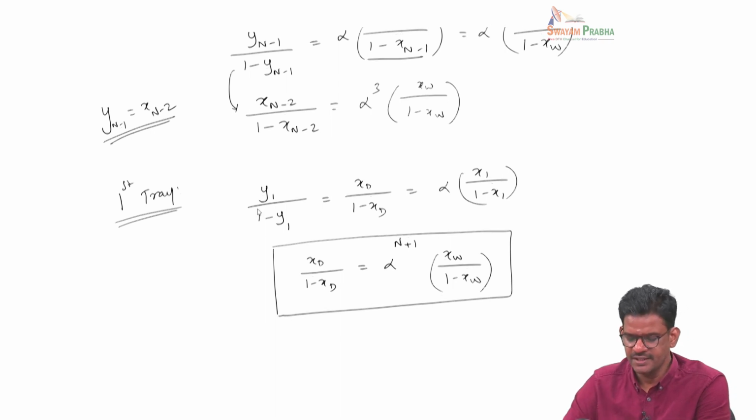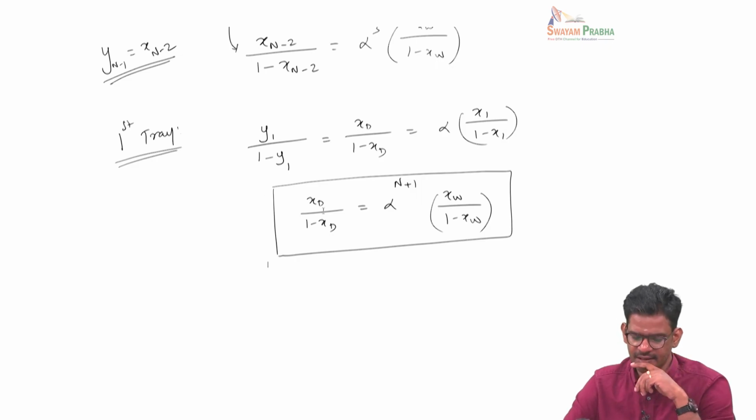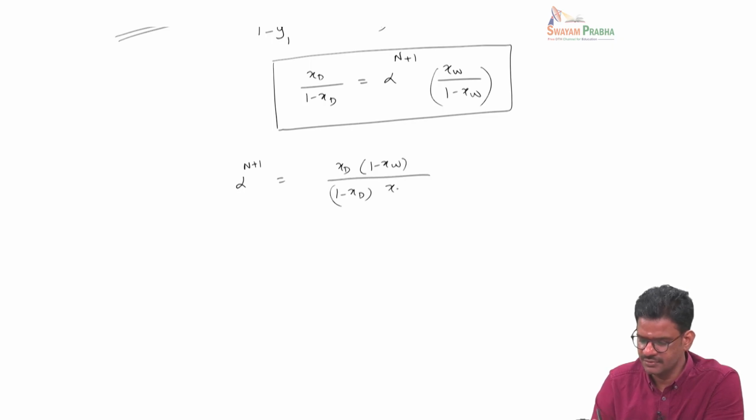So what we have done is, through this recursive relation and applying the equilibrium condition as well as the 45-degree operating line, we are able to relate the distillate composition x_d to the residue composition x_w. So from here we can rewrite this equation as alpha to the power n plus 1 is x_d into 1 minus x_w by 1 minus x_d times x_w.